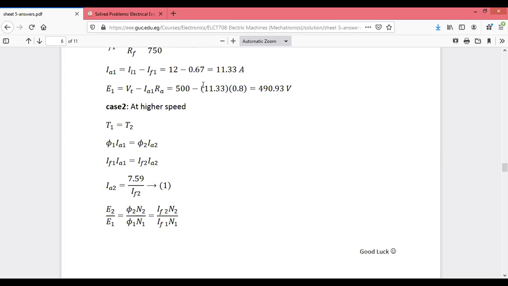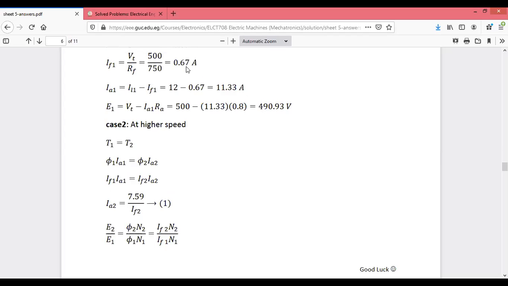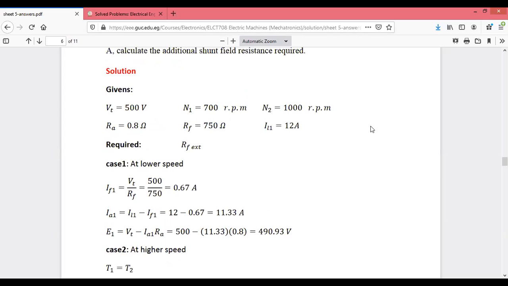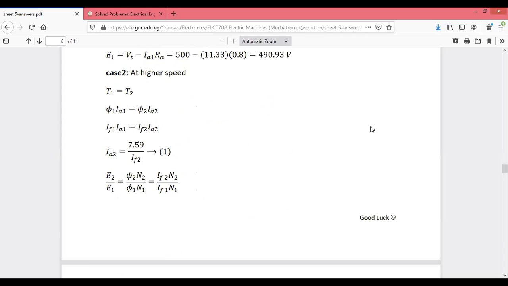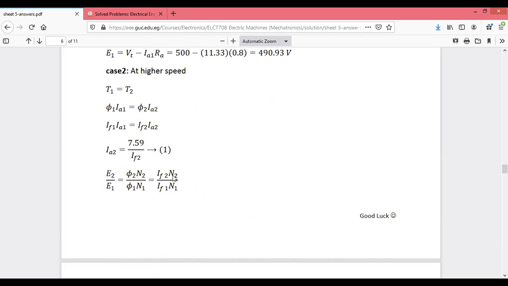If1 we have just solved, so we have that value. You will get E2 by E1. E1 we have just solved, and they have given N1 and N2, so we have the values for N1, N2 and If1.